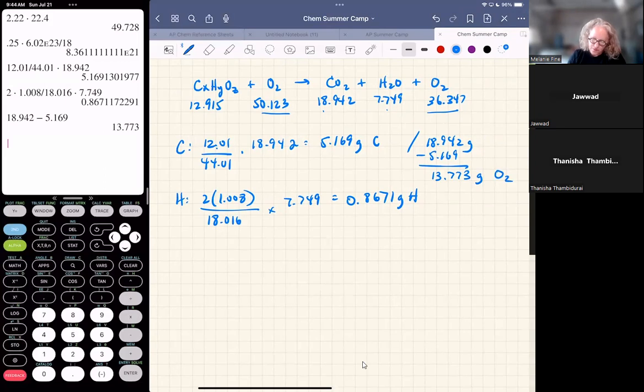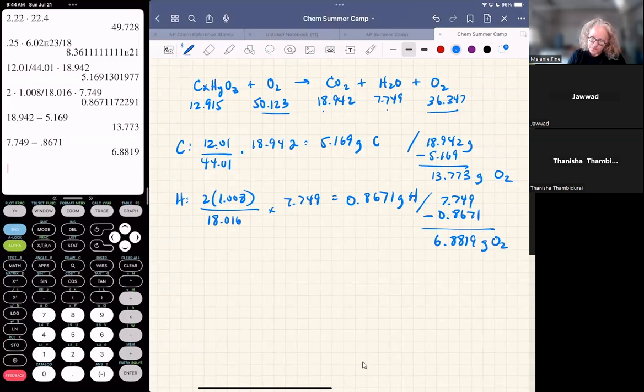And for the hydrogen, that was 7.749 minus 0.8671, and I get about 6.8819 grams of oxygen. Okay.